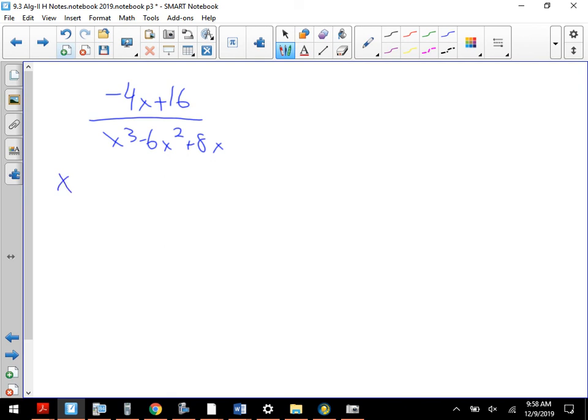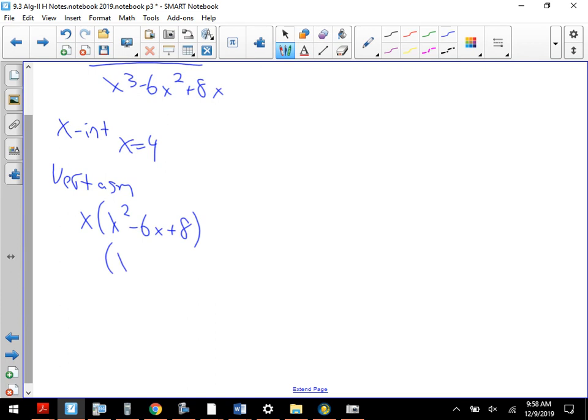So for the x-intercept, the zero of my numerator is at x equals 4. For my denominator, vertical asymptotes: I take out the x, and I get x squared minus 6x plus 8. That gives me x minus 4 and x minus 2. So I have vertical asymptotes at 0, 4, and 2.